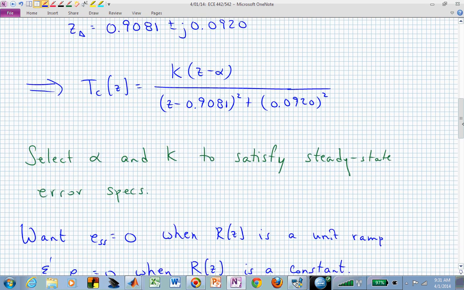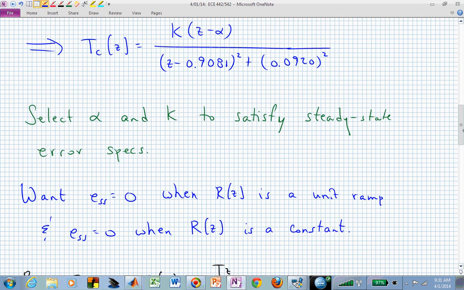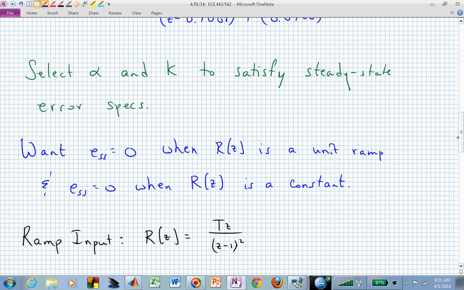The steady state error specifications, which I will now state: we would like the steady state error to be 0 when the reference input is a unit ramp, and we also want the error to be 0 when somebody injects a reference signal of a constant. We now want to use those requirements to specify alpha and K in our desired transfer function, capital T sub C of Z.